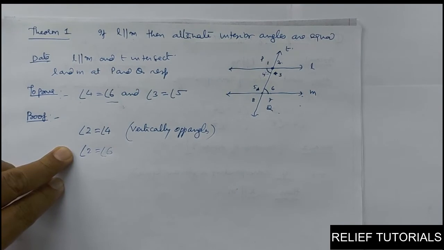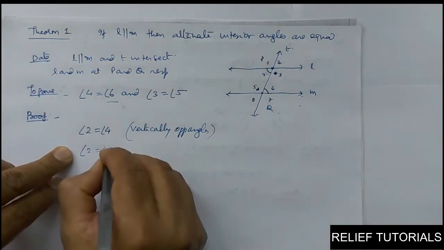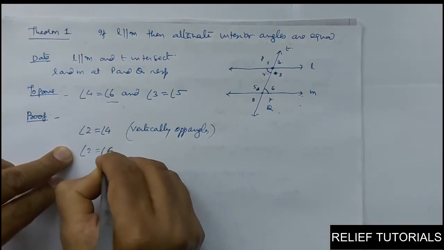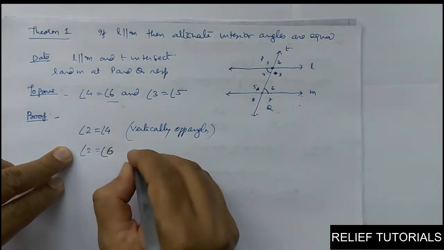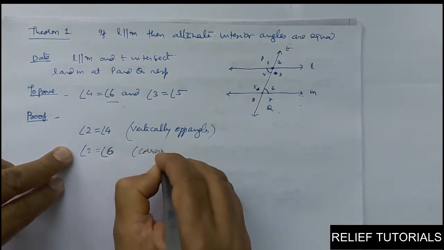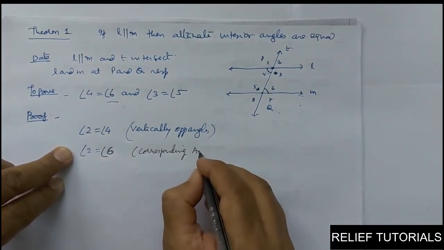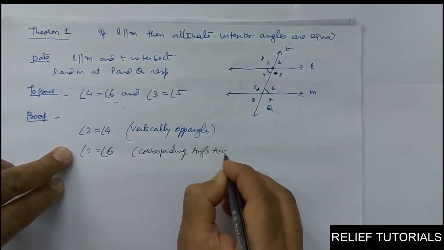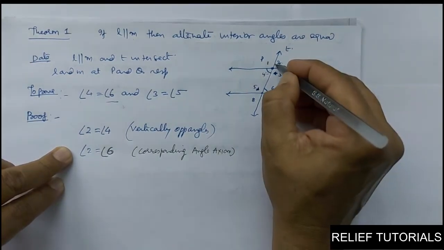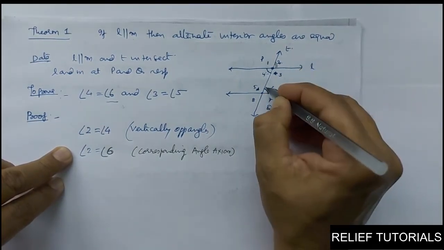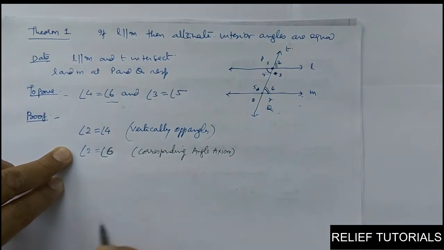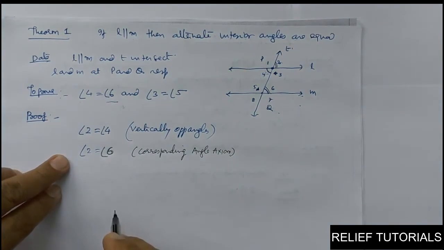Why? We can say corresponding angle axiom. See, this is corresponding angles 2 and 6. They are corresponding angles, and we have seen in axiom 1 that if lines are parallel, corresponding angles are equal.